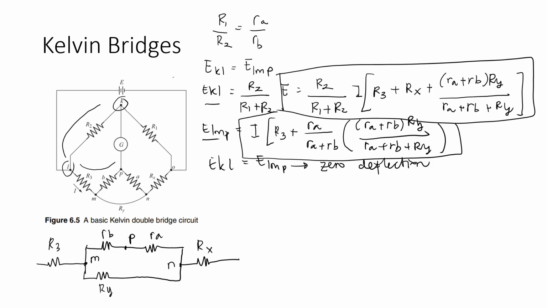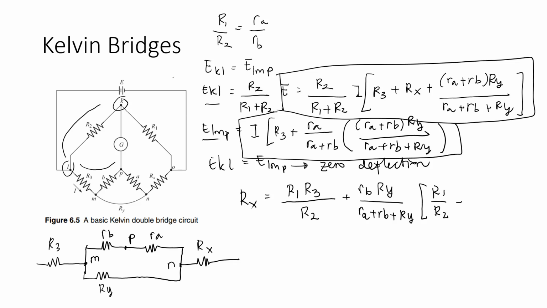Okay, so if we use this EQL equal to this ELMP, we can get that the final Rx is equal to R1 R3 per R2 plus Rb Ry per Ra plus Rb plus Ry, multiplied by R1 per R2 minus Ra per Rb here.